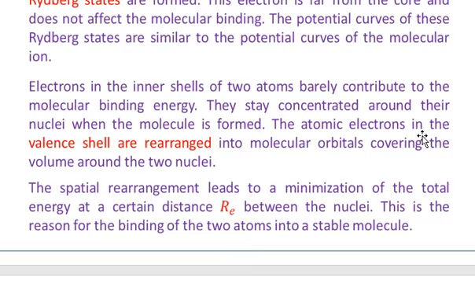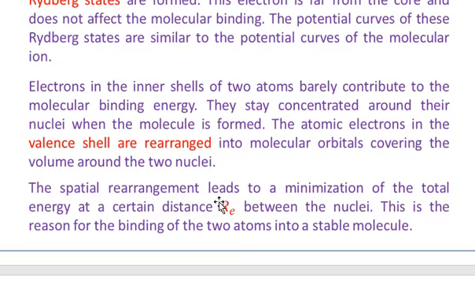The atomic electrons in the valence shell are rearranged into molecular orbitals covering the volume around the two nuclei. These valence electrons are responsible for the binding.